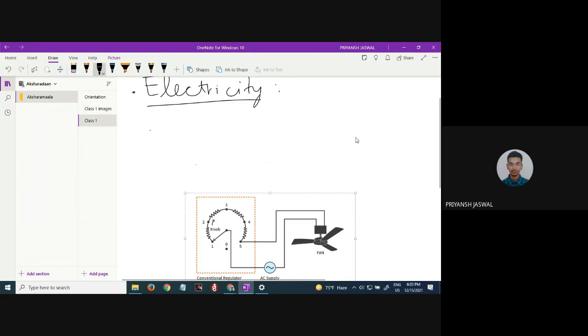The fan at your home, which is on the ceiling, how the regulator changes its speed, numbering from 1 to 5. We will discuss it today. How does the regulator of electric fan work?